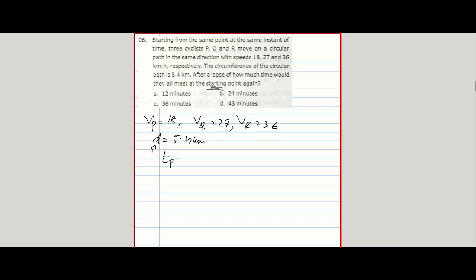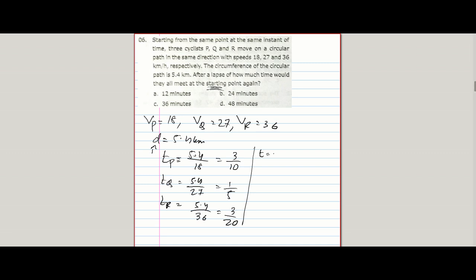The time tp to cover one round is distance by velocity, 5.4 by 18. tq will be 5.4 by 27 and tr is 5.4 by 36. If we calculate this, it would be 3 by 10, this would be 1 by 5, and this would be 3 by 20.